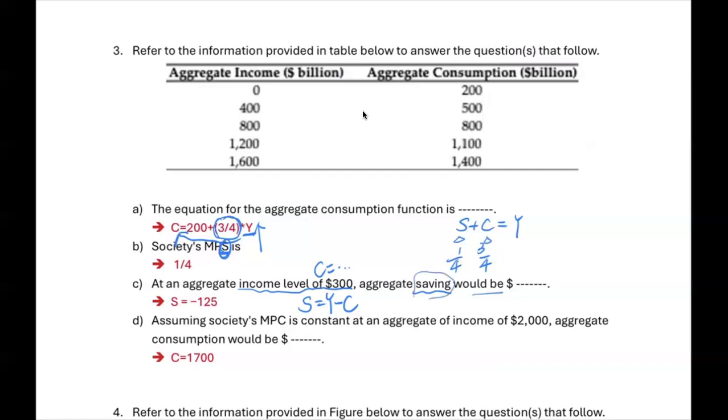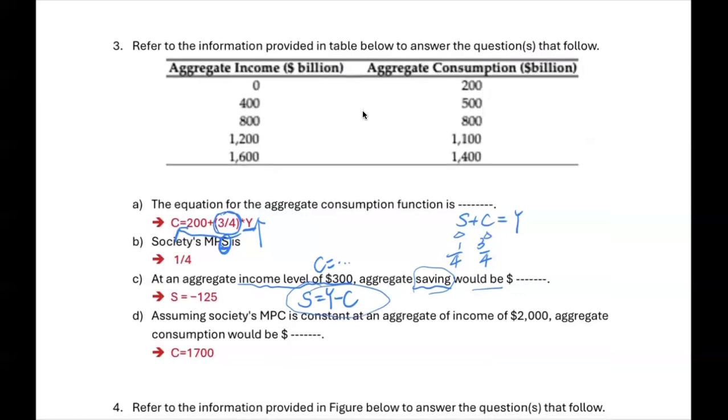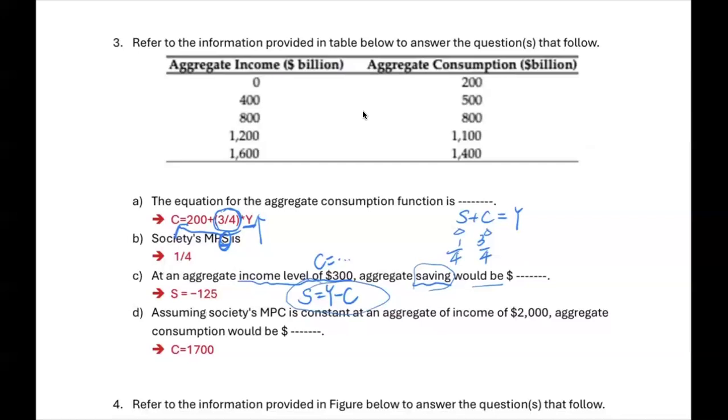You need to make one more step to get saving because you cannot get saving directly from A's equation. And the last question is not a trick because you just need to substitute Y equals 2000 and then get the consumption. Okay. Any problems about question 3?